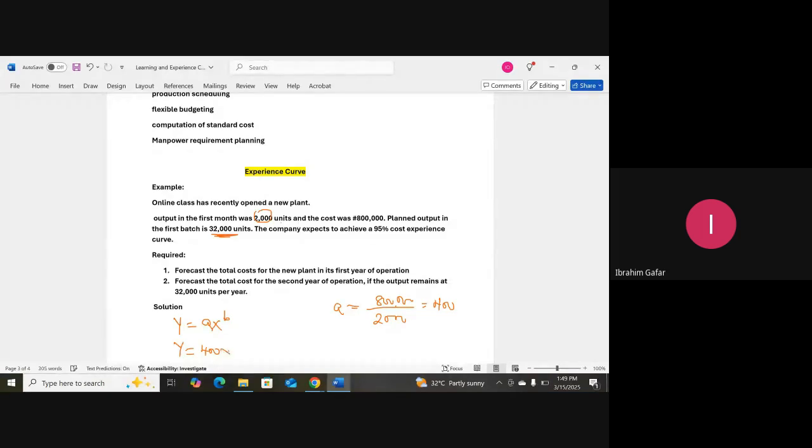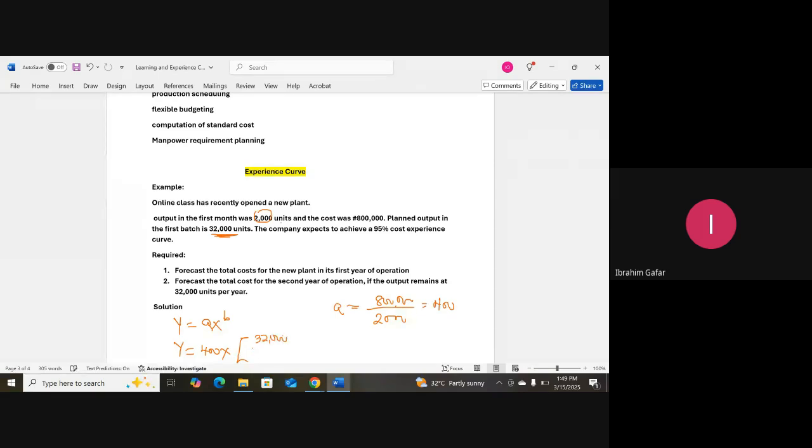Then multiply by, what is X? Who will remind us? X is the cumulative number of units desired divided by the number of units in the first batch. So what is our cumulative number of units desired? 32,000. God bless you. You guys are too much. 32,000, because that is the plan.